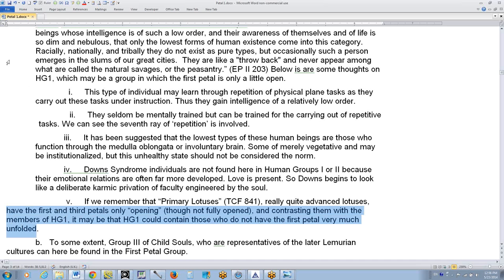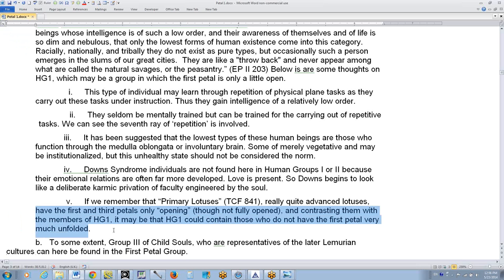It probably has the least amount of unfoldment of petal 1 of any of our Earth humanity, because it is the most primitive group.